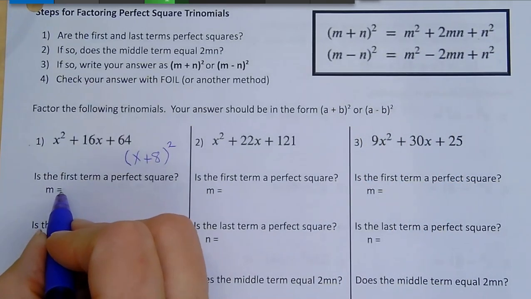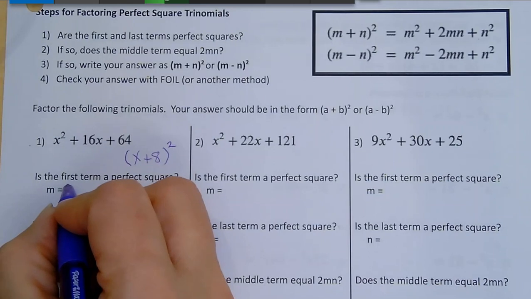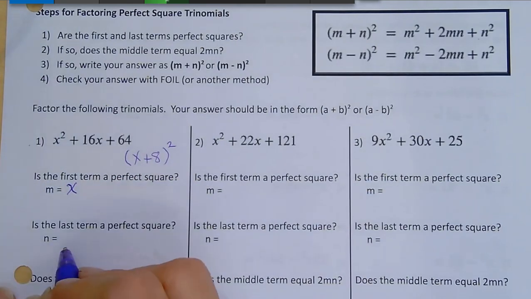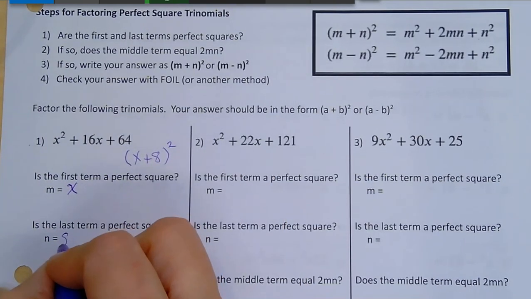So I'm going to say, is my first term a perfect square? Yes. So if that were m squared and I took the square root, m would just be x. Just bear with me with the variables. Is the last term a perfect square? It is, 64. The square root of 64 is just 8.